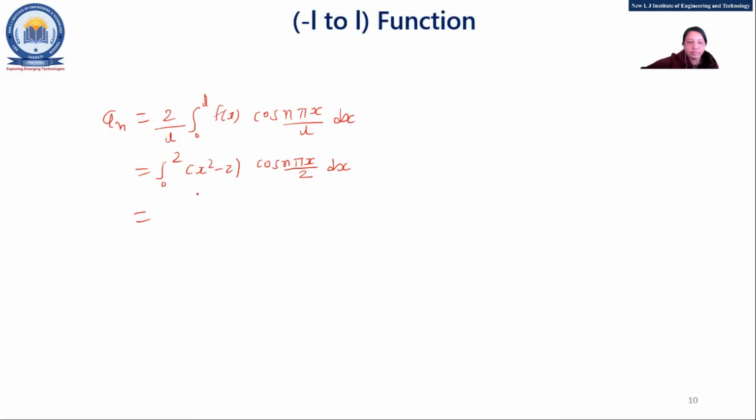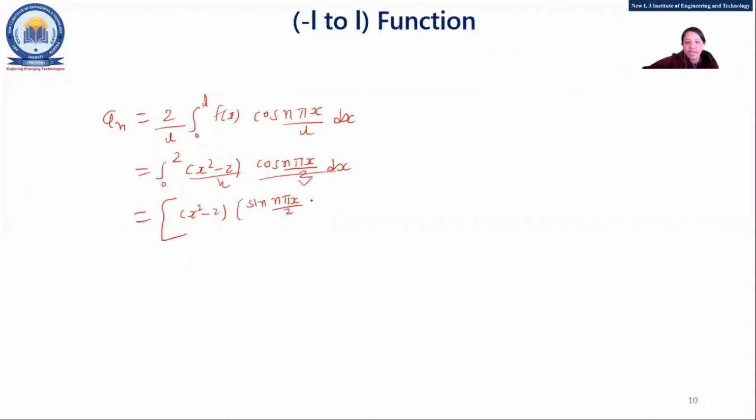0 to 2. This is your U and this is your V. Fine. And n pi x by 2. The first term as it is, x square minus 2. The integral of cos is sine n pi x by 2 upon n pi by 2.